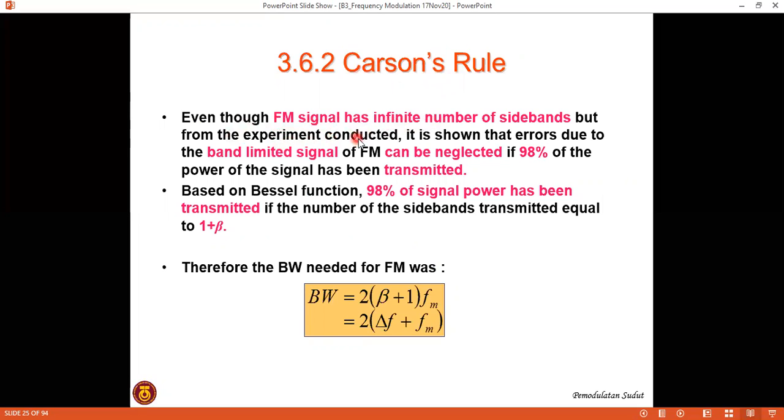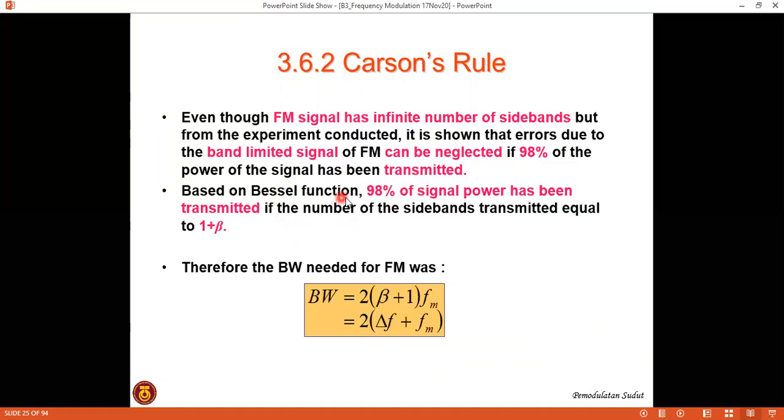But from experiments, it is shown that errors when we limit this infinite sideband can be neglected if 98% of the power has been transmitted. So here the figure is 98% of the power. It means that the other frequencies that carry another 2% will be removed using Carson's rule.